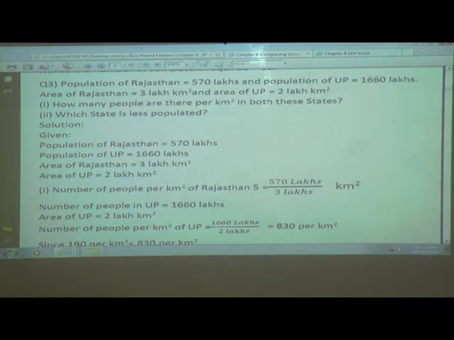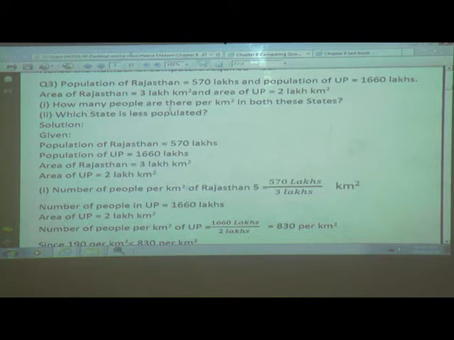The area of Rajasthan is equal to 3 lakh kilometers square and the area of UP is equal to 2 lakh kilometers square. So the populations and the areas of both Rajasthan and UP are given.